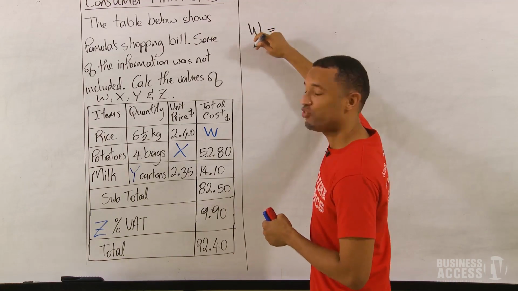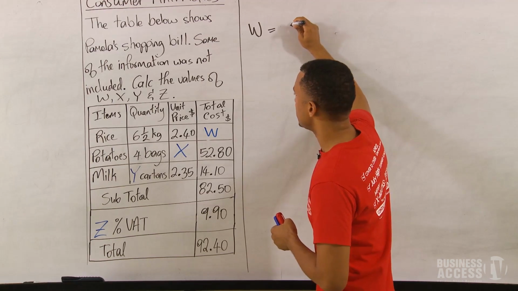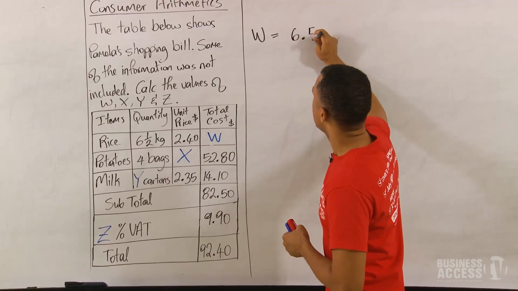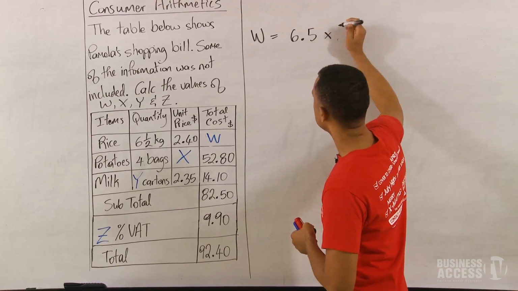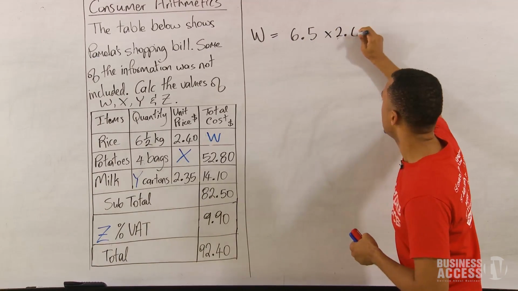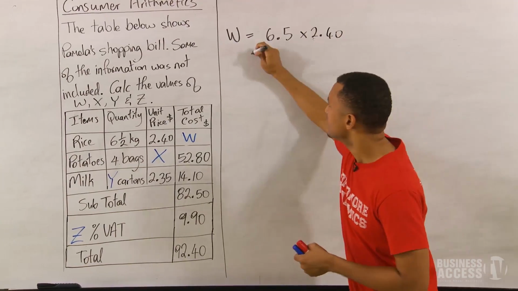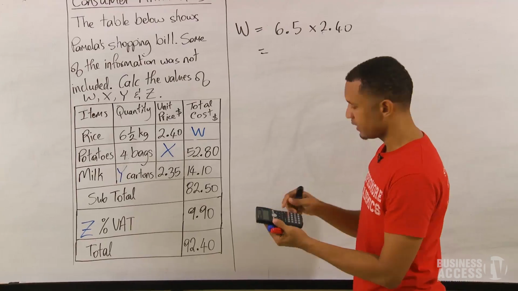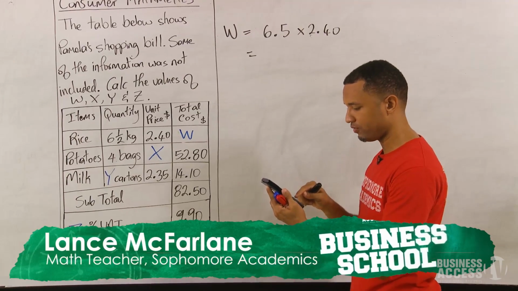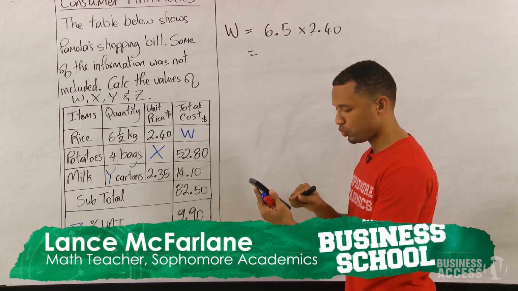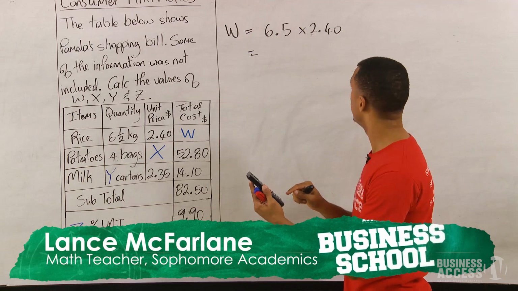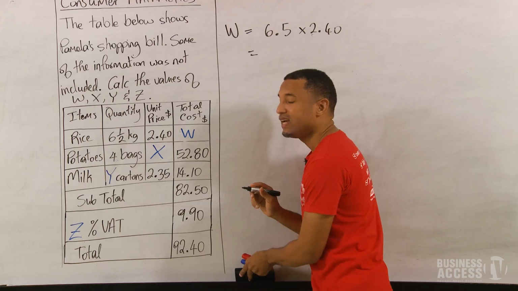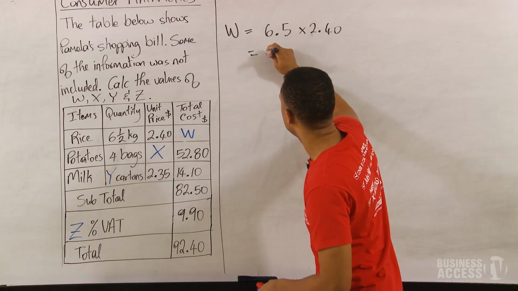So the value for W is going to be 6.5 multiplied by $2.40. You just put that in your calculator. 6.5 multiplied by 2.40 gives you 15.6.